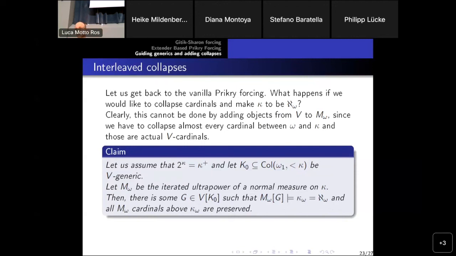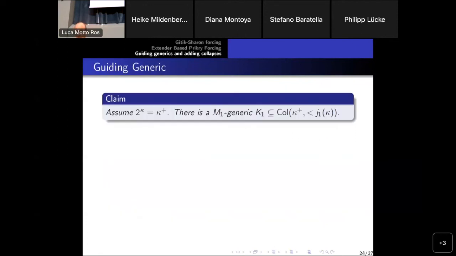Then I can find, over some iterate of V, a generic G such that M omega of G satisfies that kappa omega is alpha omega and all other cardinals are collapsed. How do we do that? Really in a sketchy way, we are going to pick a generic over M1 in V for the collapse.